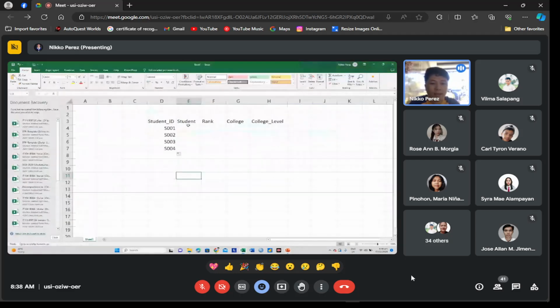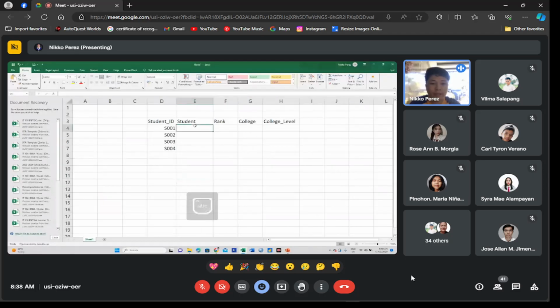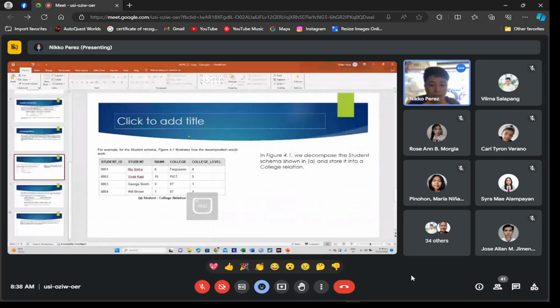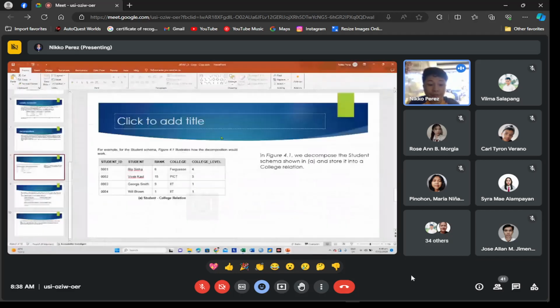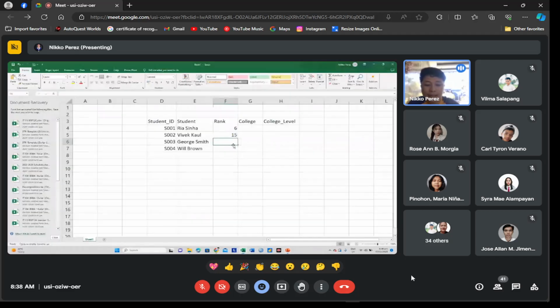And then the name of the student, we must not forget this one because that is part of our record. Vivek Kaul, George Smith, Bill Brown. The ranks are 6, 15, 9, and then 1.